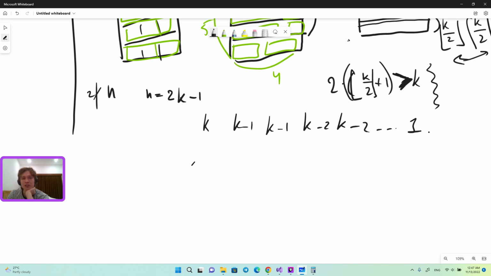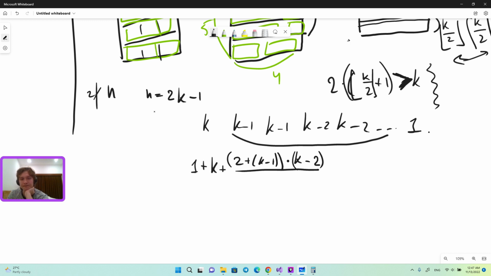So we need 1 plus k plus 2 times this sum. And this sum is 2 plus k minus 1 times the number of these numbers. This is k minus 2 halved, but times 2. So this is 1 plus k plus (k plus 1) times (k minus 2).